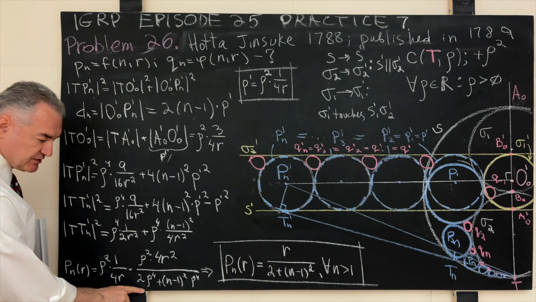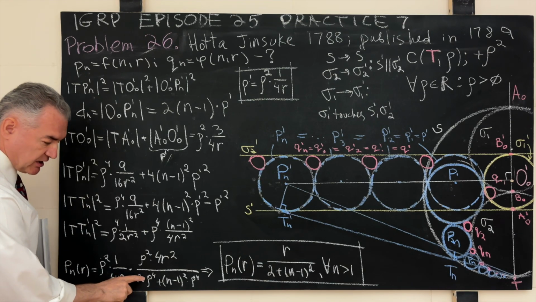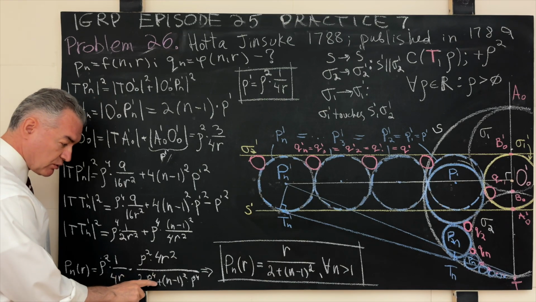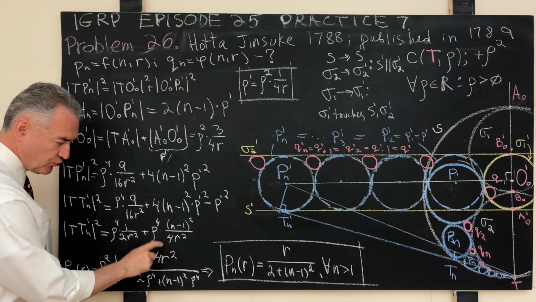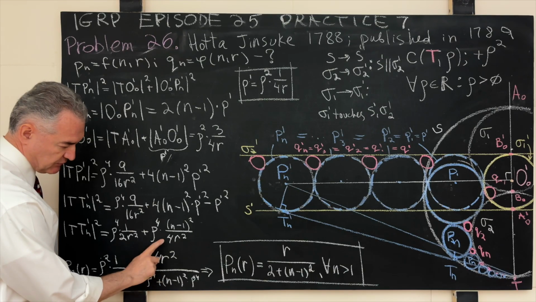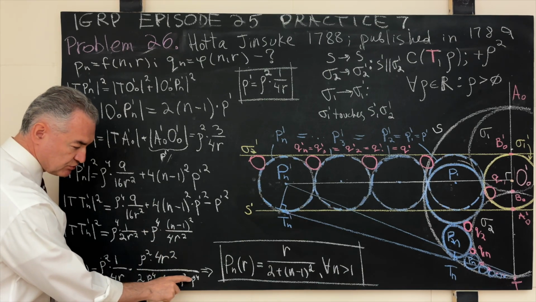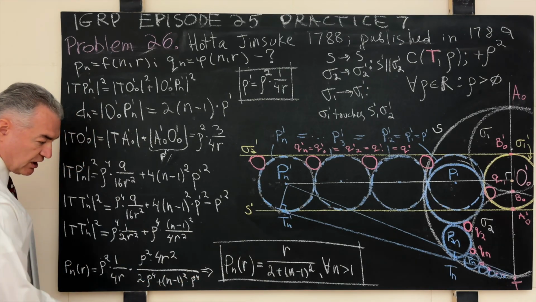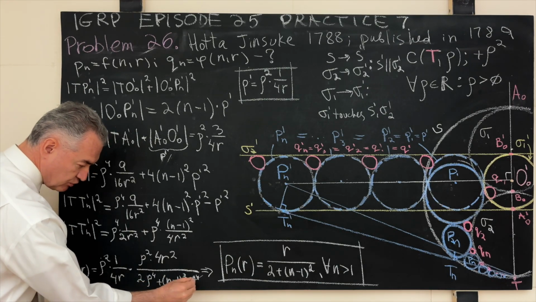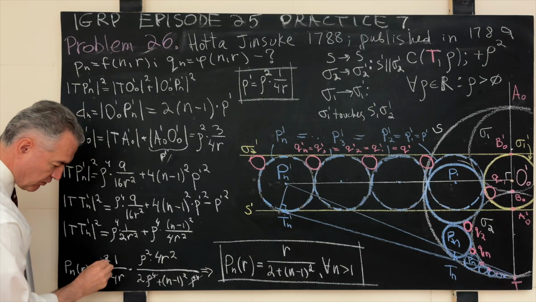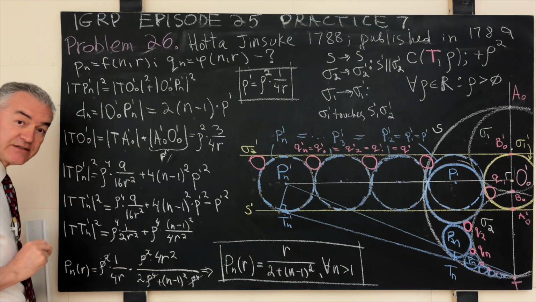And what do we have in the denominator here? 2 times rho raised to the 4th power plus 4n plus the n minus 1 squared, this term right here, times rho raised to the 4th power again. So here, look at this. Rho to the 4th power, and here square and square, they cancel each other out.